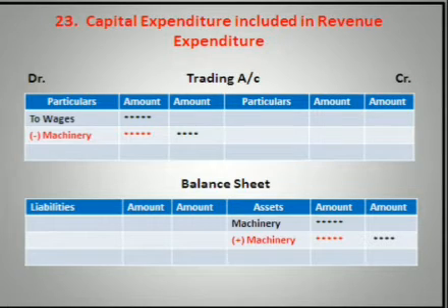A capital expenditure is an amount spent to acquire a long-term asset such as equipment, buildings, machinery, etc. Usually, the cost is recorded in a balance sheet account, that is under the heading of property, plant and machinery and equipment.